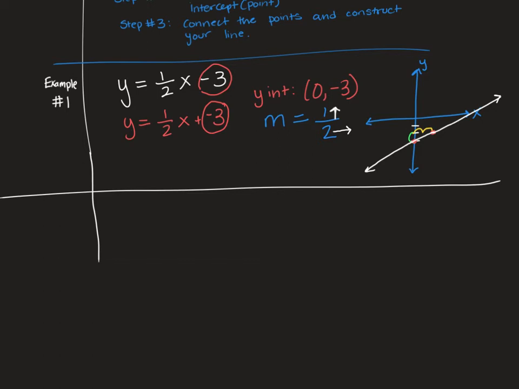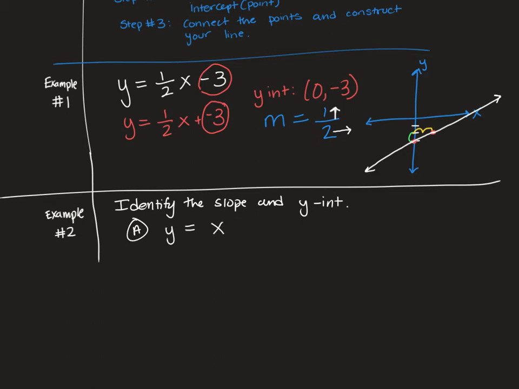Here's your second example. I want you to identify the slope and y-intercept. So here is the first equation: y equals x plus 4.